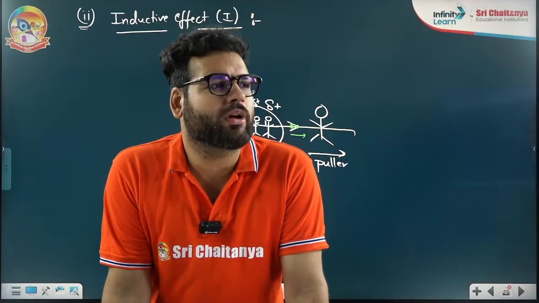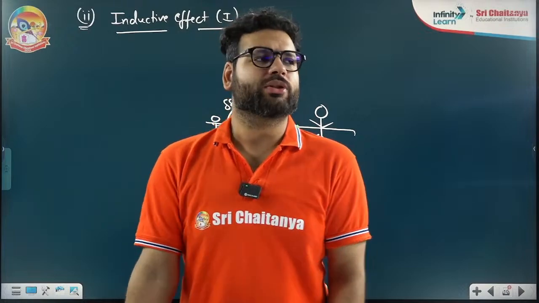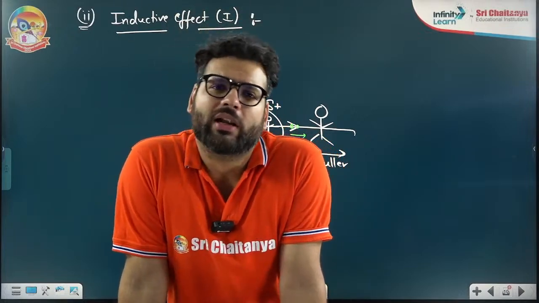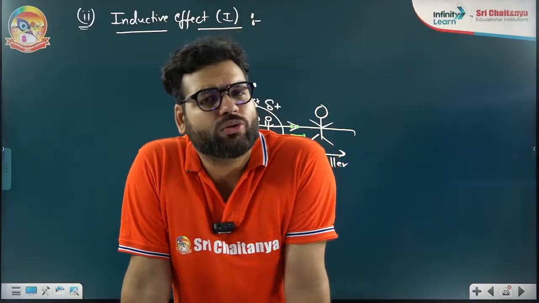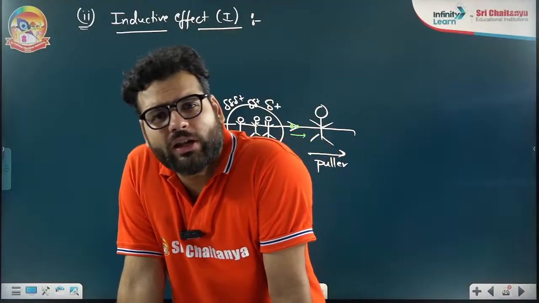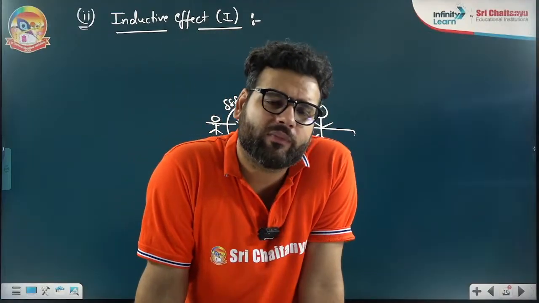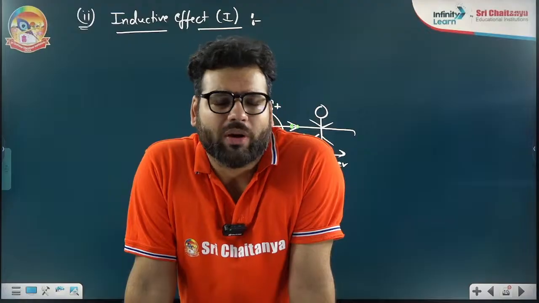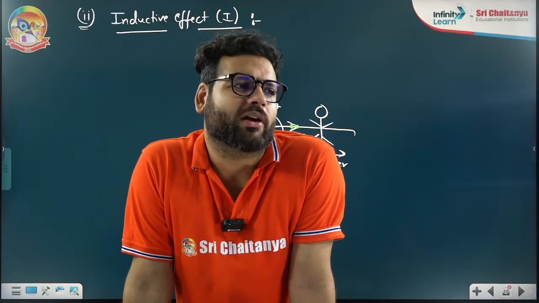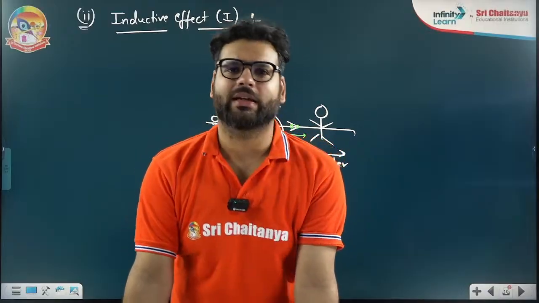Who is going to be the more electronegative atom in organic chemistry? In organic chemistry, almost everyone is more electronegative than carbon, like nitrogen containing compounds. Nitrogen is more electronegative than carbon. Oxygen is more electronegative. Halogens are more electronegative. So every time from carbon, 90% of the people will be pulling electrons towards themselves. That is inductive effect.